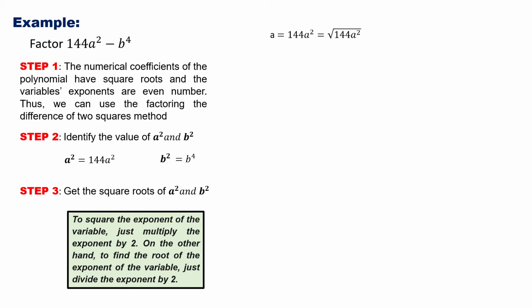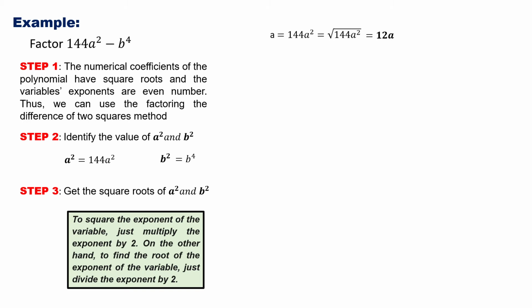So let's have here the square root of our a squared. The square root of 144a squared: the square root of 144 is 12, and the square root of a squared becomes a raised to the power of 2 divided by 2. 2 divided by 2 is 1, so the exponent will be 1. So it becomes 12a.